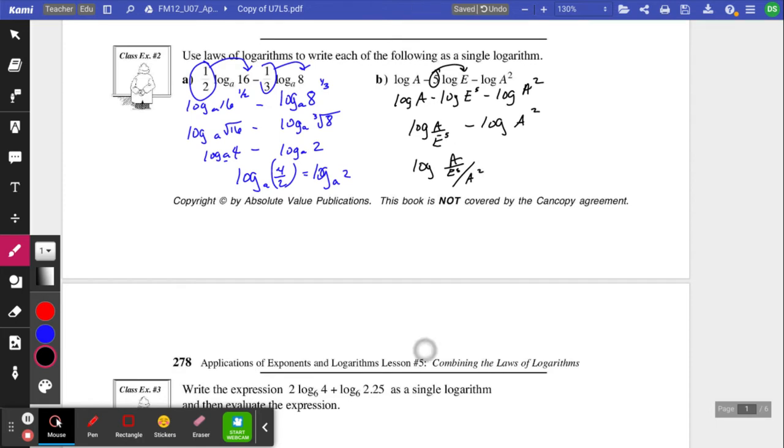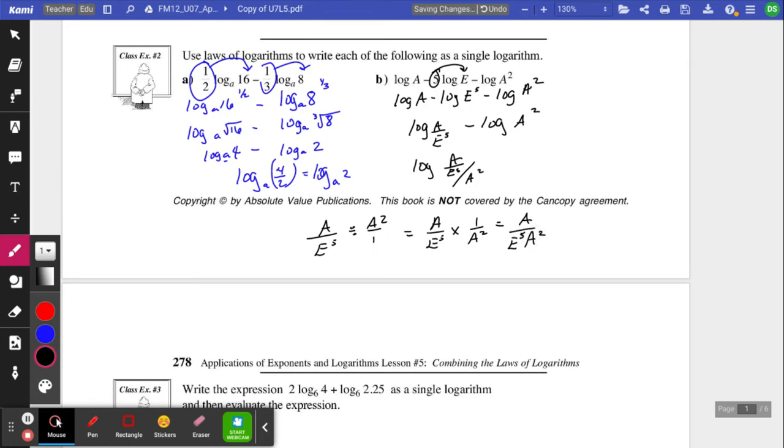So when you do a over e to the 5 divided by a squared, if you remember what that does, it looks like this. You flip and times. So that's going to become a over e to the 5a squared.